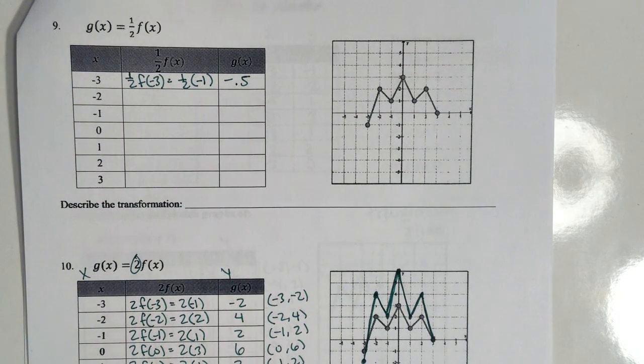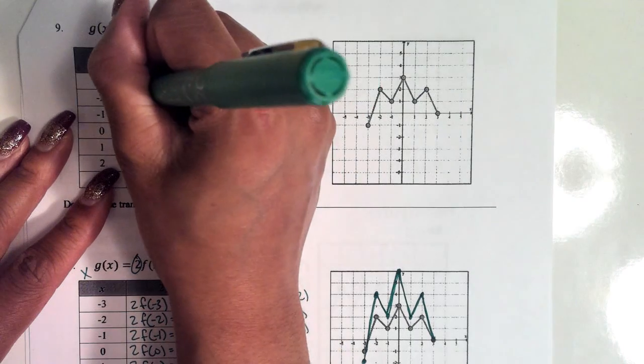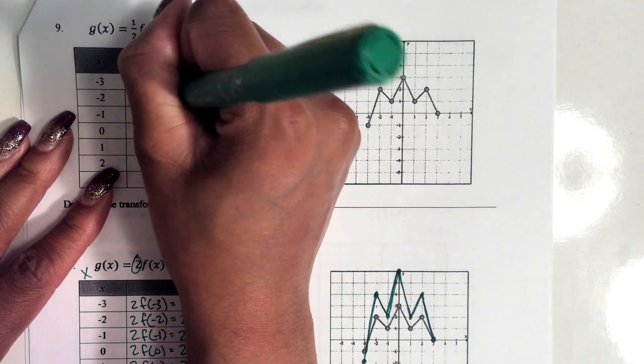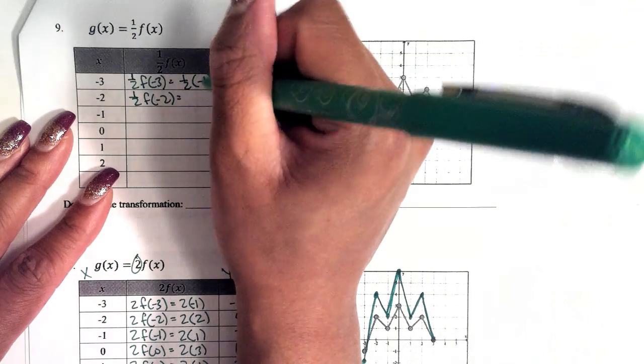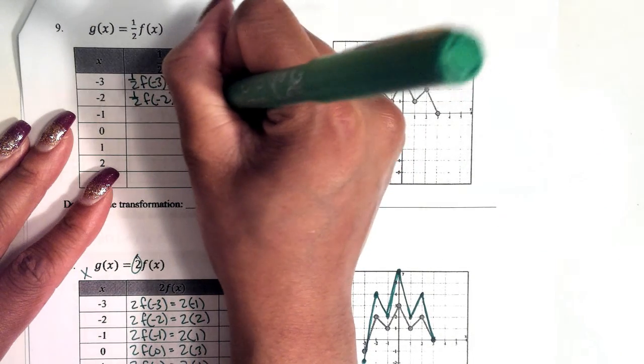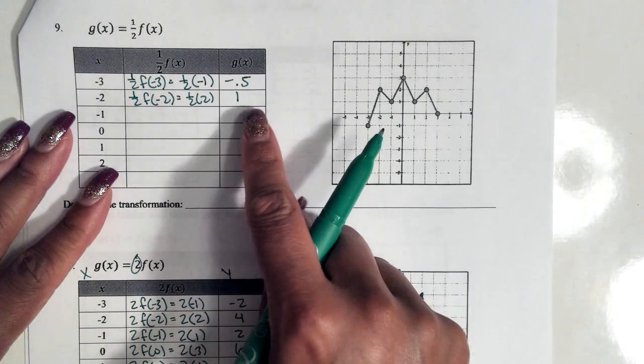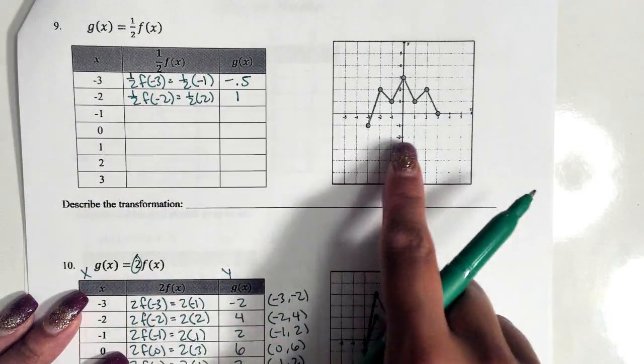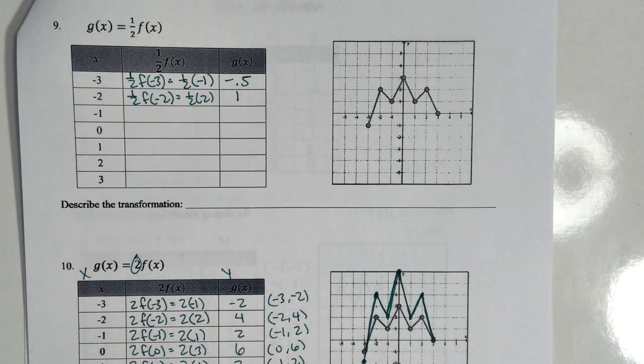Okay, just know you might be graphing half marks here. So if we do the same thing for the second, we have 1/2 f of negative 2, but f of negative 2 is 2, and 1/2 times 2 is just 1. So you might have some halves, you might have some wholes, but see what happens after you graph and what happens to your transformation. Does it get stretched or does it get compressed?